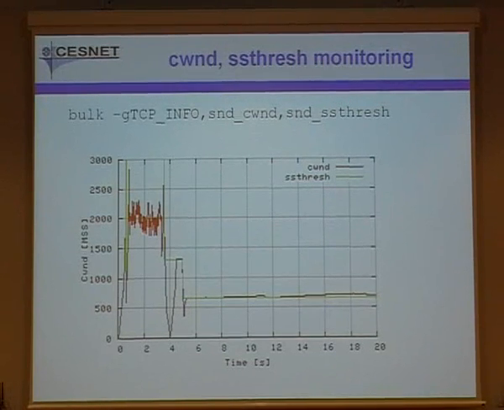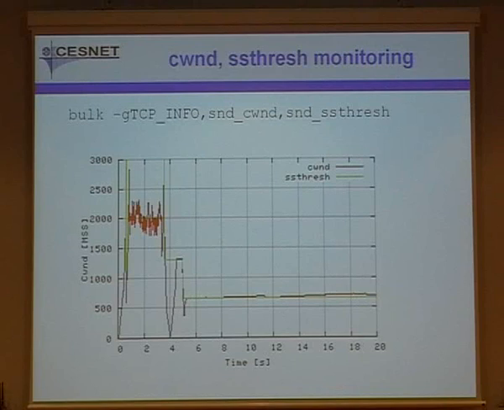You can see in this picture that the connection experienced some packet loss, which resulted in halving the congestion window, and some serious packet loss, which even resulted in dropping the connection to the slow start phase.